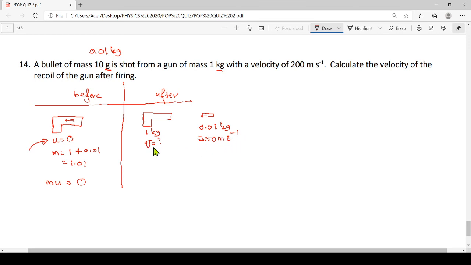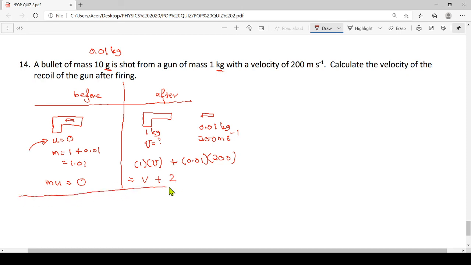So the total momentum after the collision is 1 multiplied by velocity v, plus 0.01 multiplied by 200, which gives v plus 2.